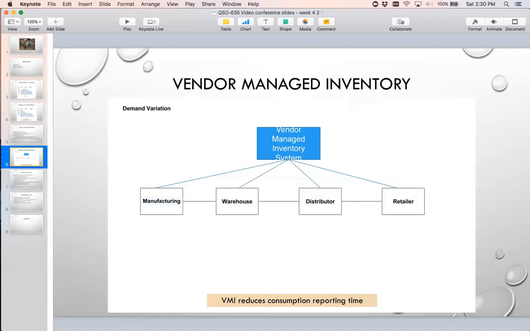As I mentioned earlier with Mark, distributors aren't really a big fan of VMI because VMI takes away their job. So this actually virtually tightens your supply chain to reduce lead time elements based upon delays in ordering. And your forecasting also becomes better because you have more accurate forecasting because there's no delays.